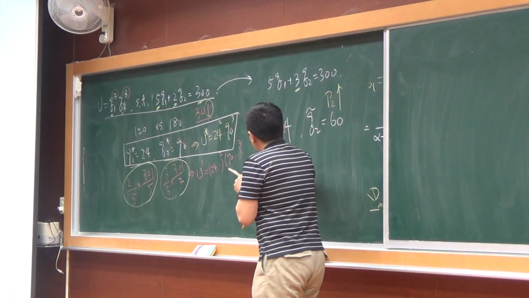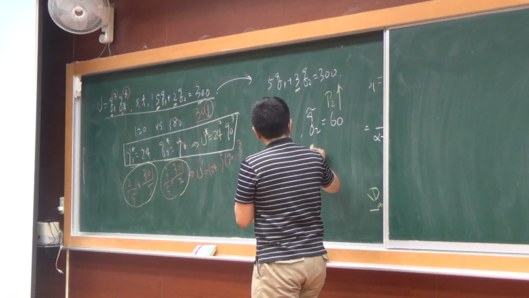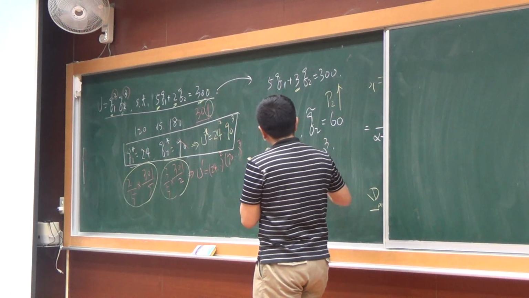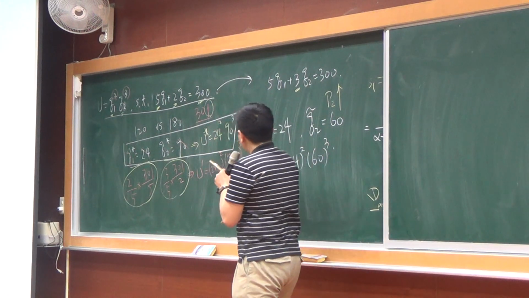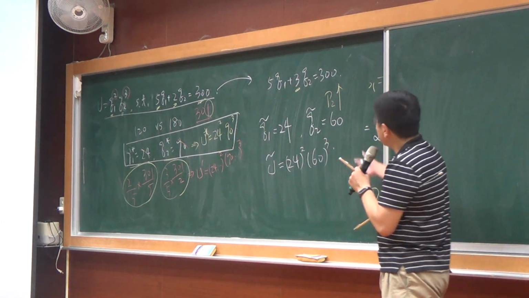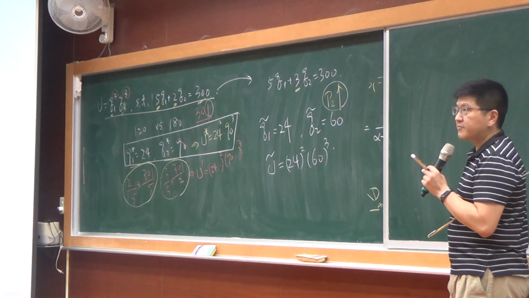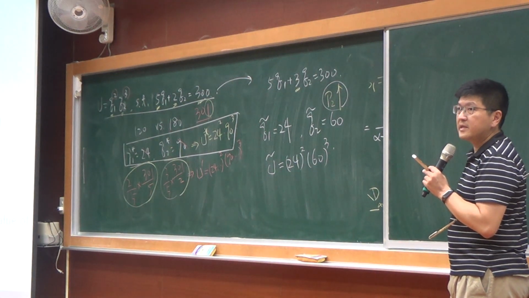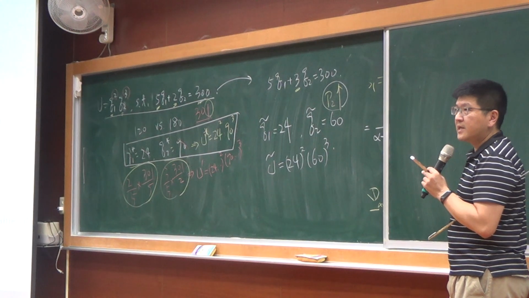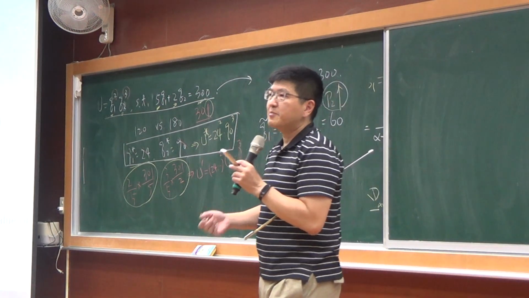And the utility tilde would be 24 to the power of 2 and 60 to the power of 3. So you see the utility drops. The utility level drops, right? Due to the rise of the price. The increase of the price. Alright? So a higher price makes us less happy.